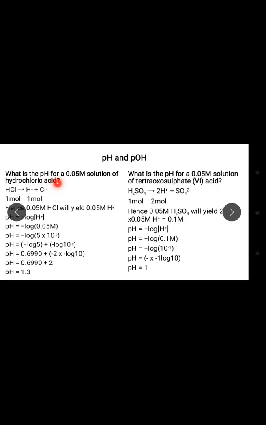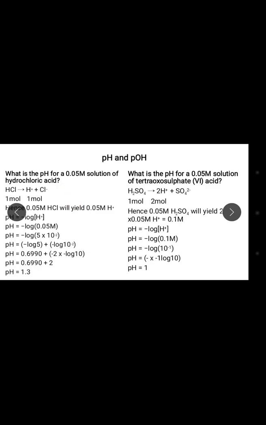This is an acid, so take note of that. Then you write an ionic equation of the acid when it dissociates, that is when it splits. If you split this HCl, you are going to have H plus plus chloride minus.